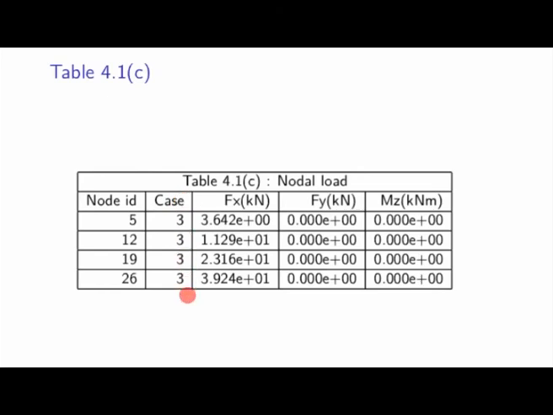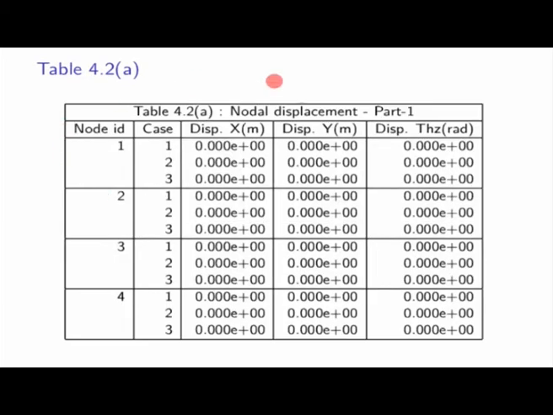And this is case number 3, because the other loads are different. So for case number 3, I am giving the load in the x direction. Then we have analyzed the structure, and then we have calculated the nodal displacement. 1, 2, 3, 4 are fixed, so this is 0.